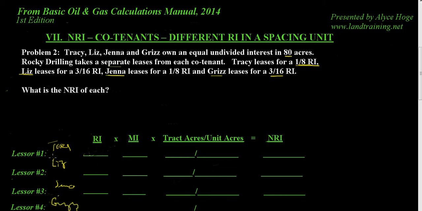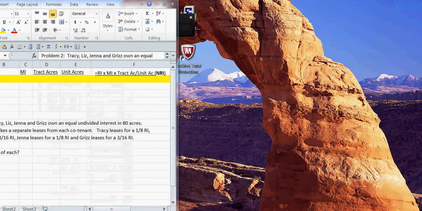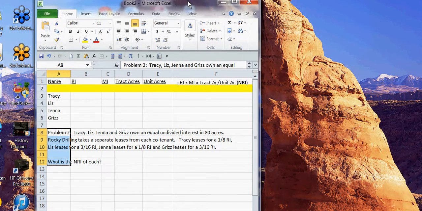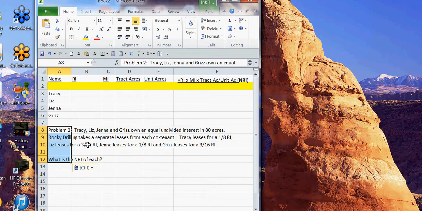But now, instead of inputting this into these boxes, we're going to just go ahead and do it in Excel, because now it's starting to look like a division order pay sheet. So I've got the problem written down here, so we'll remember what each had. Tracy's royalty interest was a 1/8, so we're going to put 0.125.